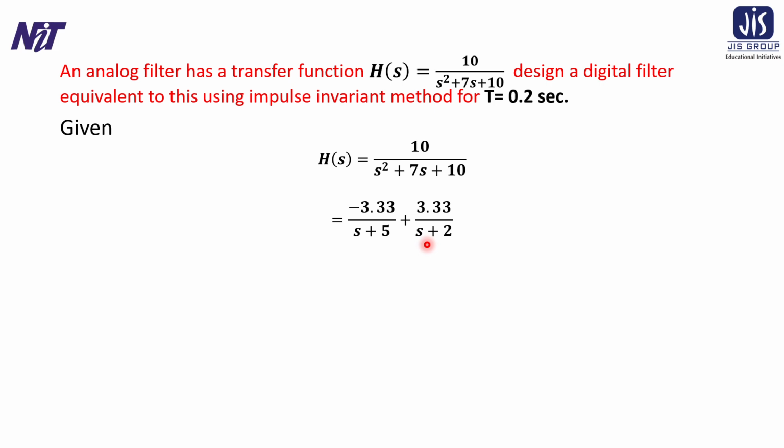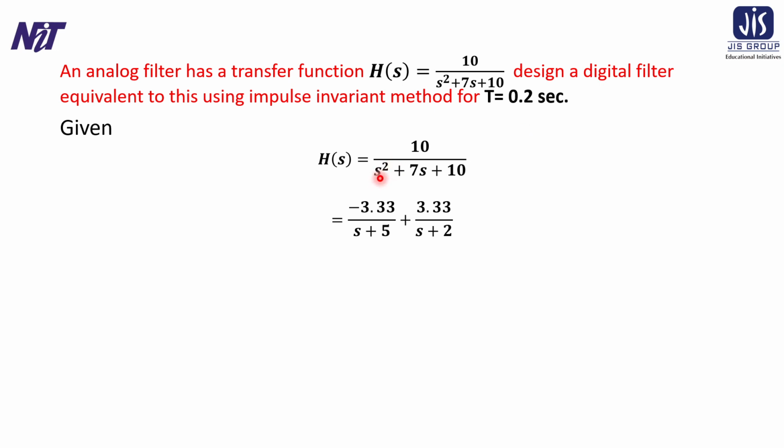I'm explaining once again. To find the value of A, suppose this is the A part. The denominator portion is s plus 5, so I multiply with 10 by (s plus 5) into (s plus 2) and put s plus 5 equals 0, so s becomes minus 5. The s plus 5 cancels out.